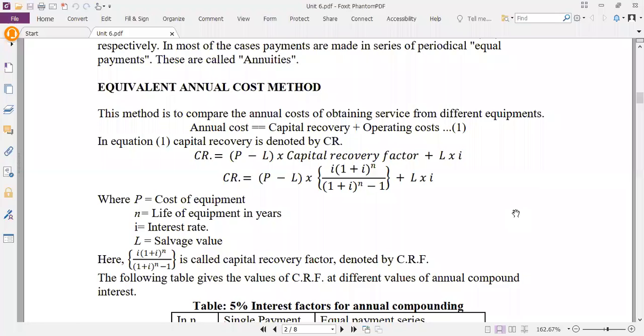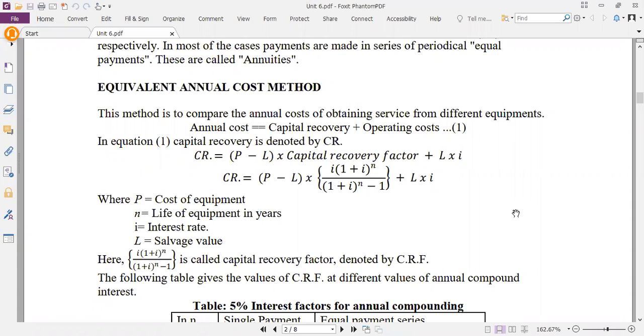What is the annual cost of that JCB? Suppose 10 lakh rupees capital cost is invested. If that is for 10 years, then in 1 year 10% of the total cost, that is 1 lakh rupees, should be recovered.